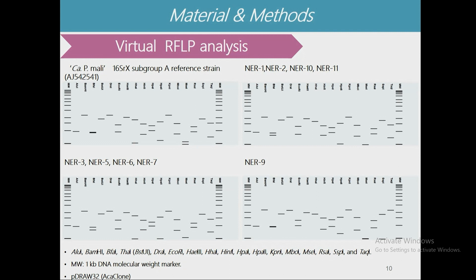Just to mention, we have 9 symptomatic ones, and we call them Narcissus 1, 2, 10, 11, 6, 7, and 9. As you look at the digestion patterns, one of our symptomatic Narcissus plants, NAR9, sorry, is missing the MseI site if we compare it with the reference strain.